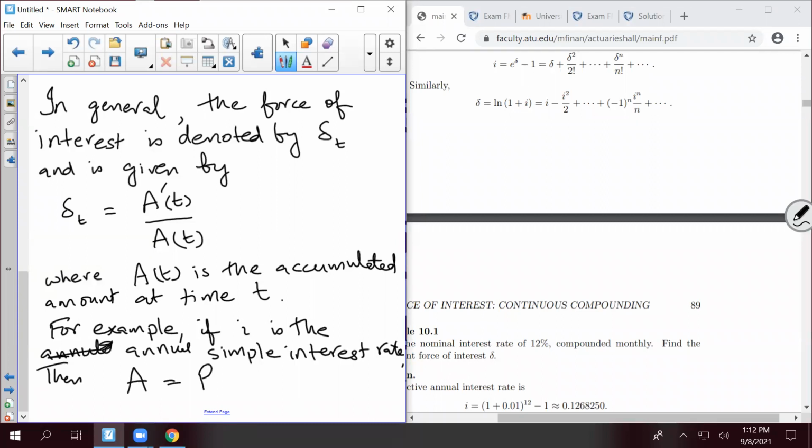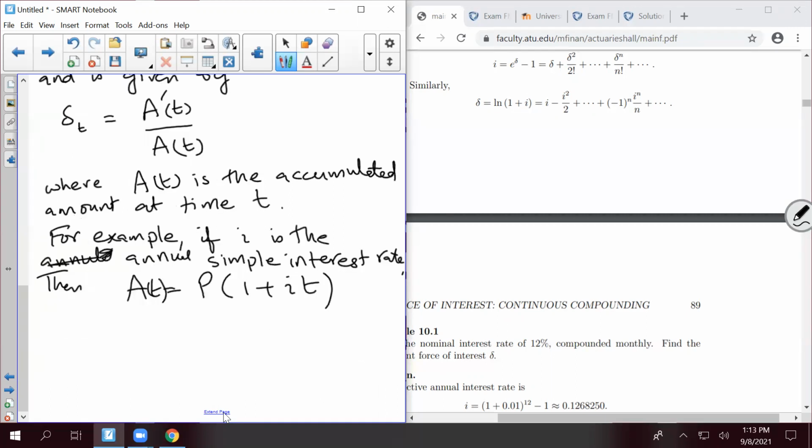P times 1 plus IT, right? In case of simple interest, we know that the accumulated amount is P times 1 plus IT. That's the accumulated amount at time T. So let's calculate force of interest in this case. Delta T is equal to A prime T over A T.